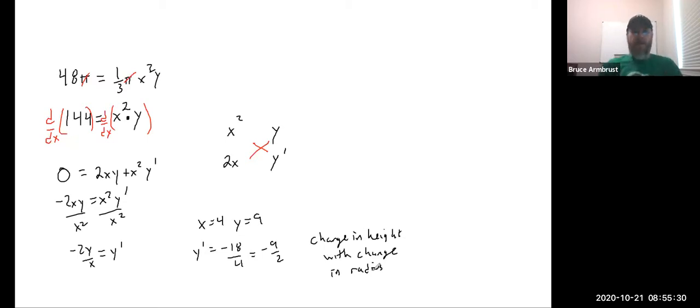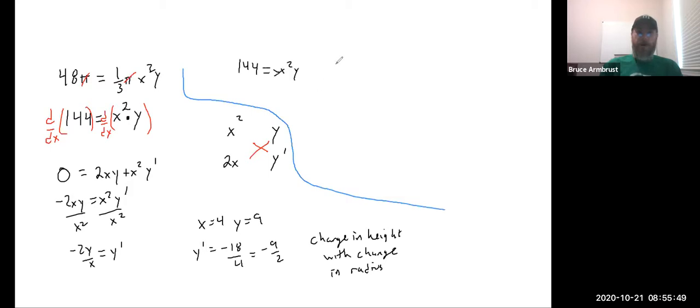All right, well, this is another one where we don't have to use implicit differentiation. We could have done it explicitly. Let me just show you real quick. If instead I had taken this equation and solved it for y, I get y is equal to 144 over x squared, or also known as 144x to the minus 2.